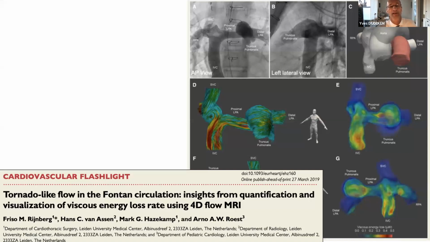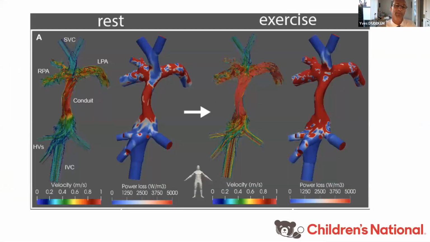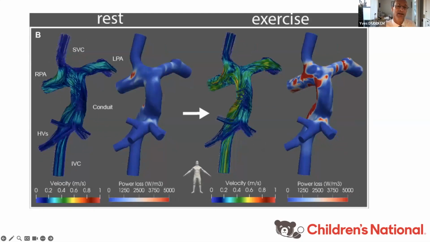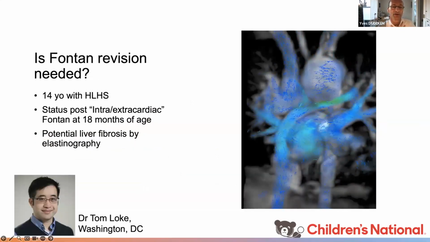So if somebody gives me a proof that what I was saying was right for a long time, I get convinced. And the final paper shows that the ideal size of the conduit should be between 22 and 28 millimeters. For me, the proof that this is right is that the lateral tunnel naturally takes that shape.